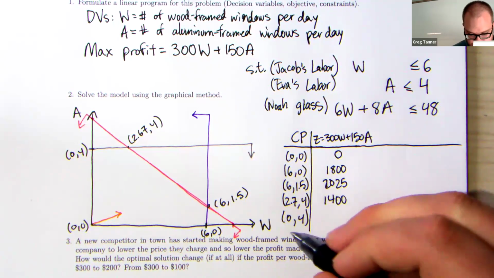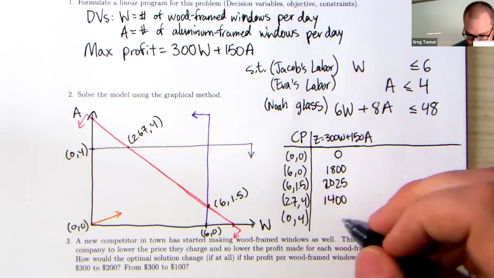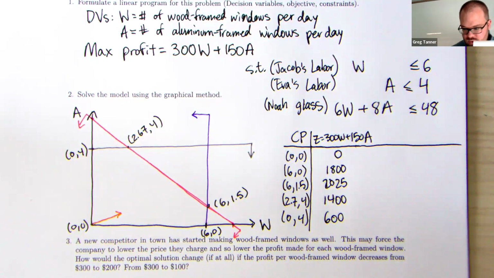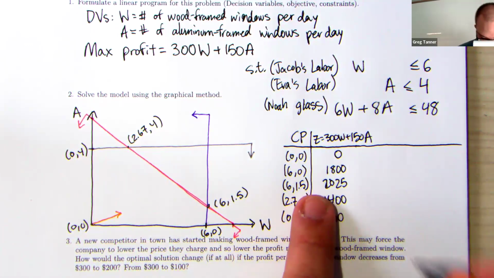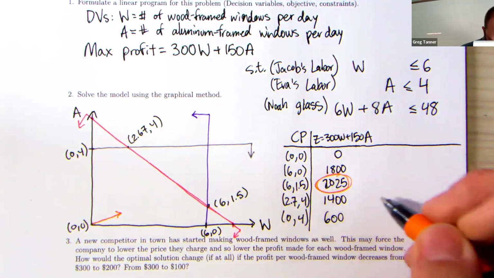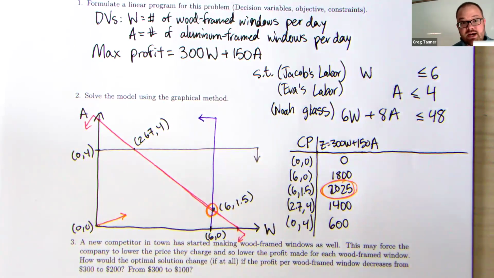And then lastly, I could just make 4 aluminum windows and no wood windows, and that would give a profit of 600. Okay, looking at this then, our optimal solution is the one with the best objective value. In this case, this 2025 comes from this point here. That is the point that maximizes our profit.